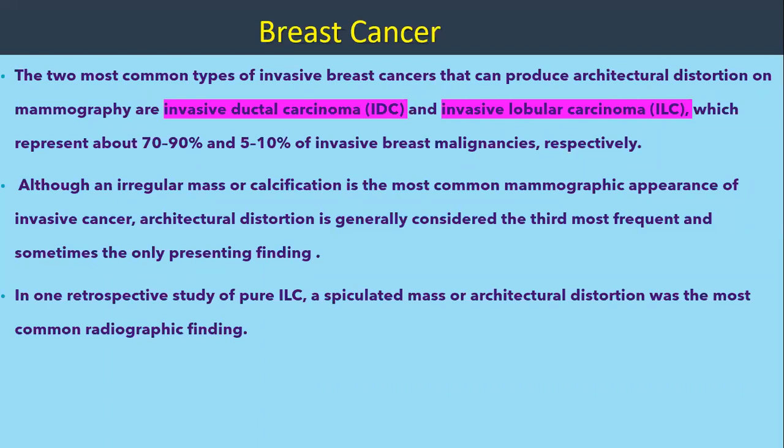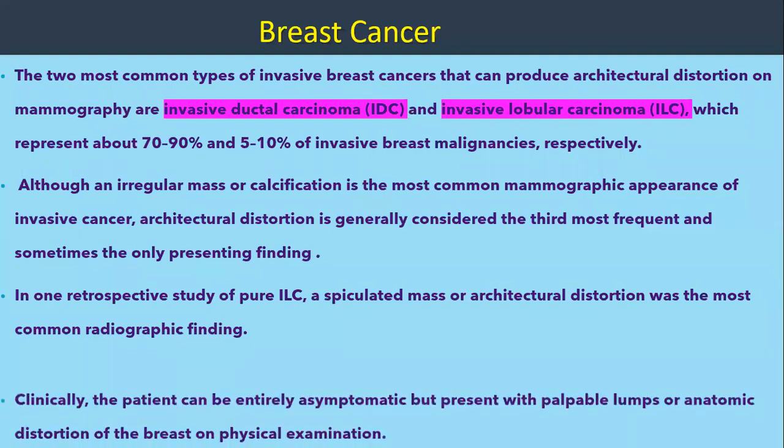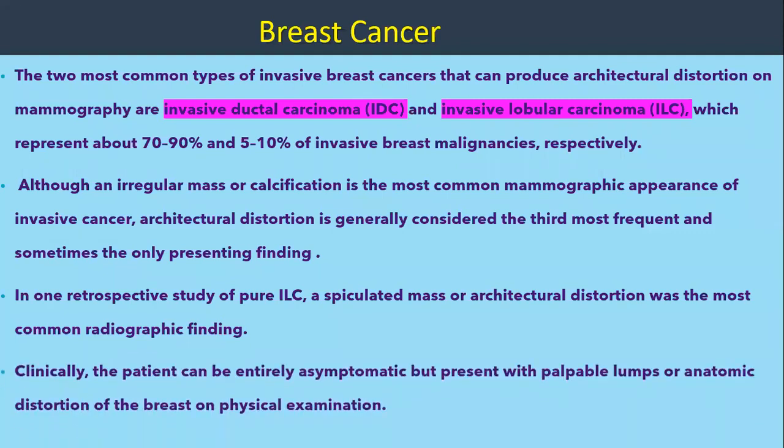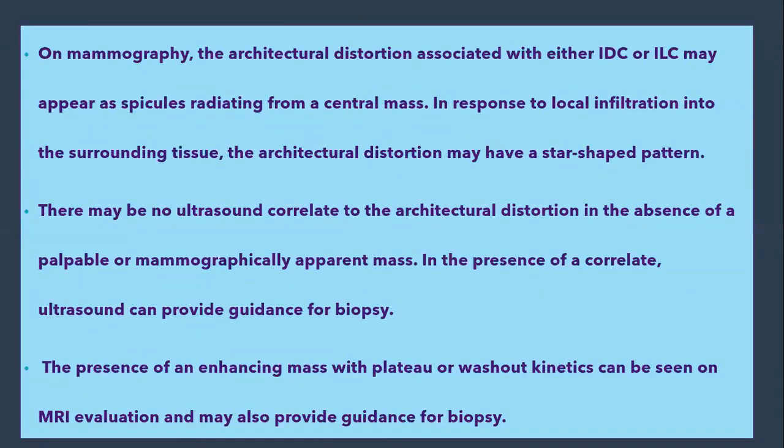In a retrospective study of pure invasive lobular carcinoma, spiculated mass or architectural distortion were the most common radiographic findings. Clinically, the patient can be entirely asymptomatic, or present with a palpable lump or anatomic distortion of the breast on physical examination, and so forth.